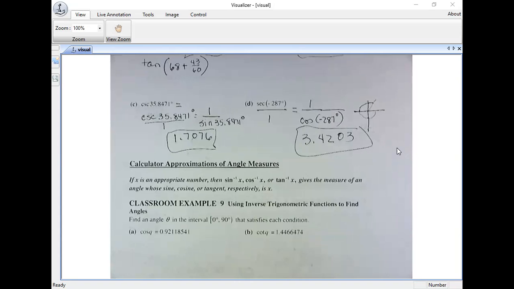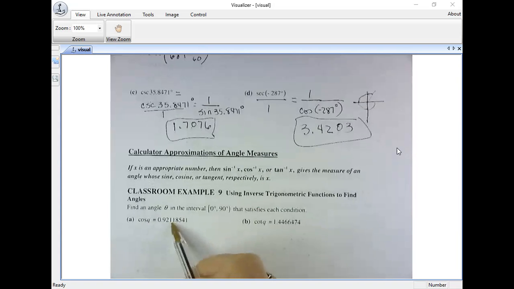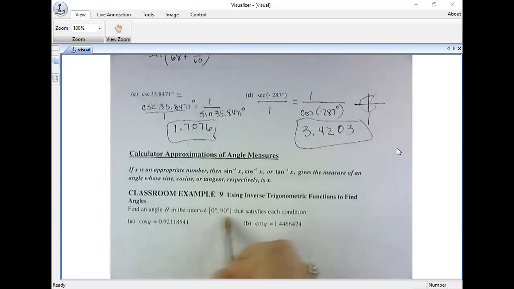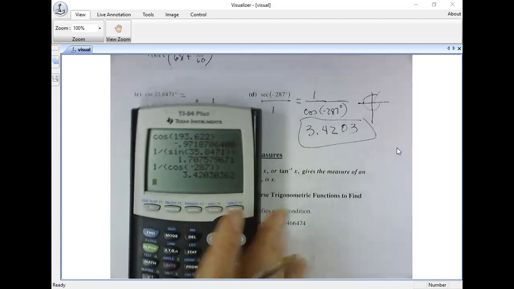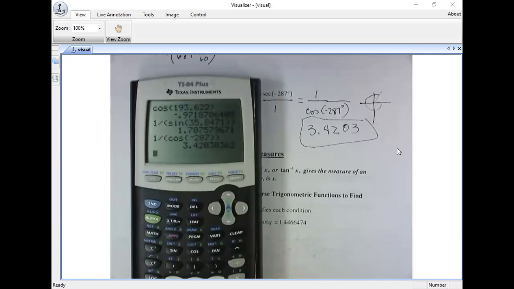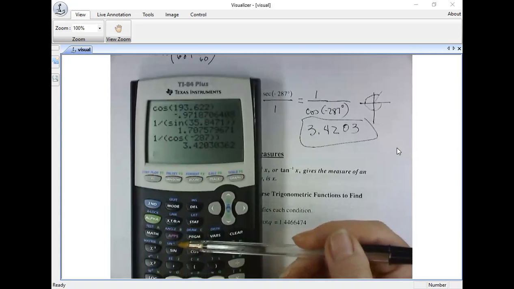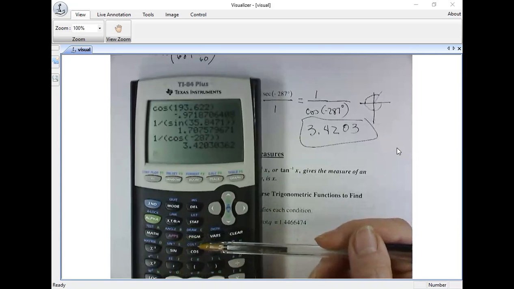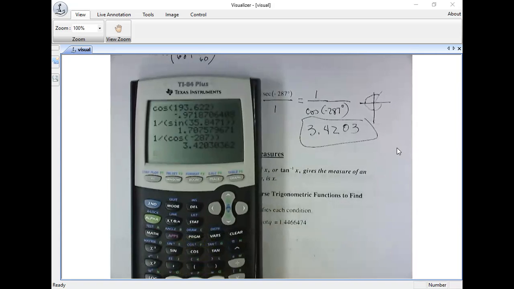It simply means the angle whose cosine is this. So there is a way to do it. Right now we're only going to look at first quadrant angles, but let me show you on your calculator where these buttons are. You know where sine, cosine, and tangent are. When you see that little -1 above it, it is not raised to the -1 power. It means it is the angle whose sine, or the inverse sine, or the angle whose cosine.